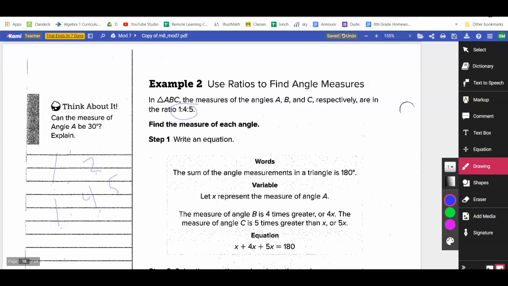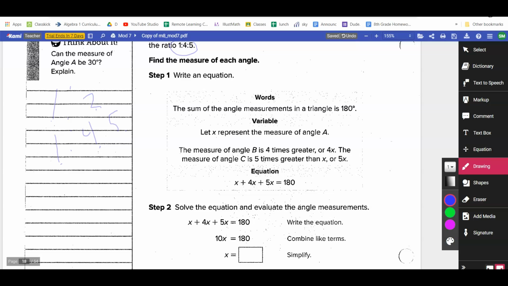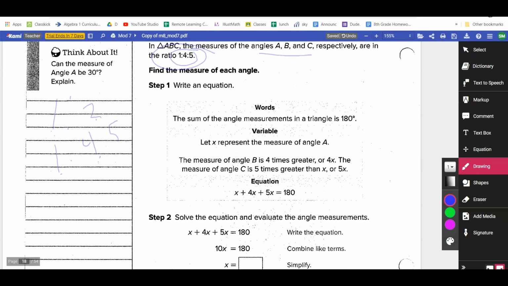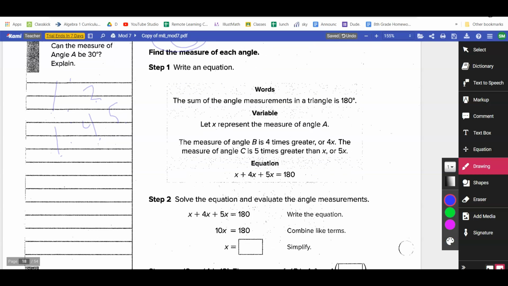Okay, so when I go back to that, I could actually use algebra to help me find the measure of the angles. If I knew that I have triangle ABC, and they're all in this ratio, 1 to 4 to 5, I could use algebra to find that. So we know that the angle measurements add up to 180 degrees.